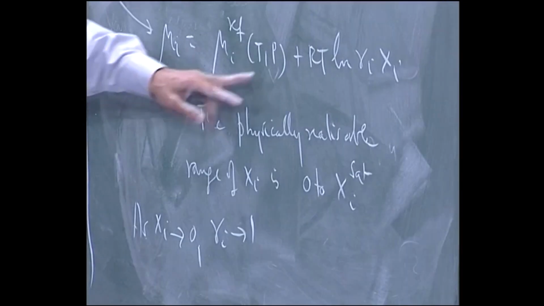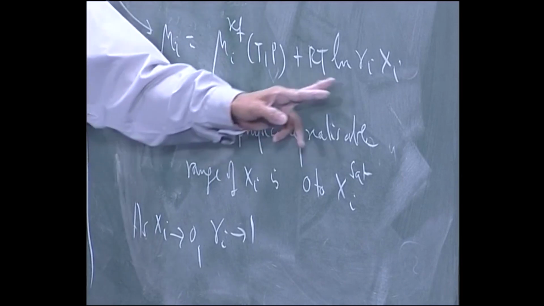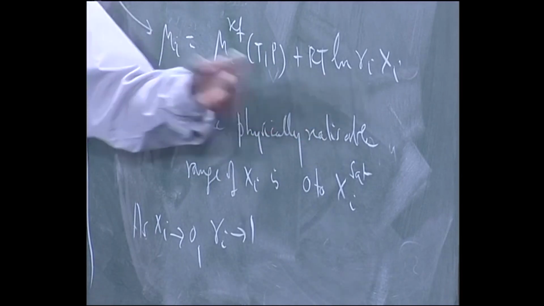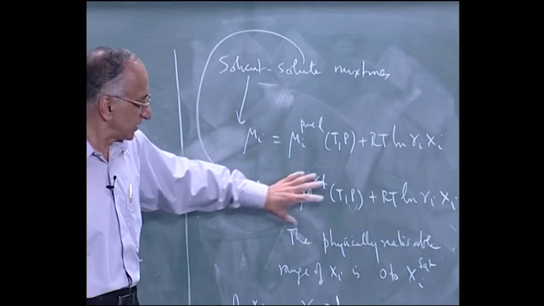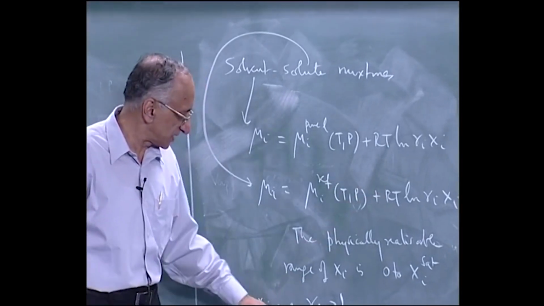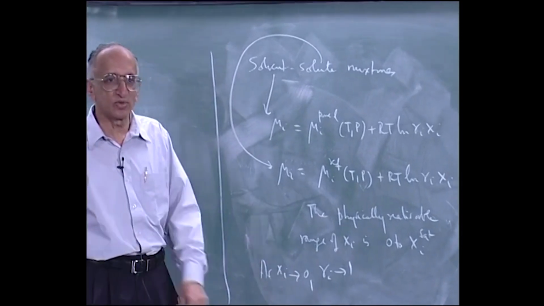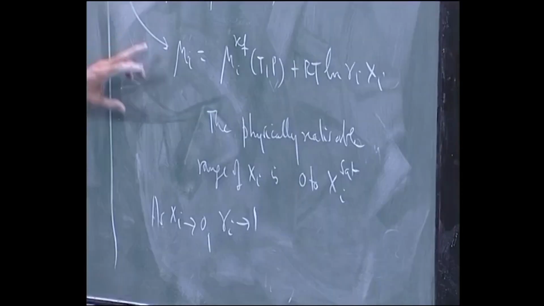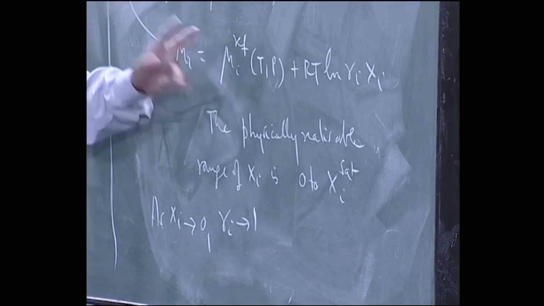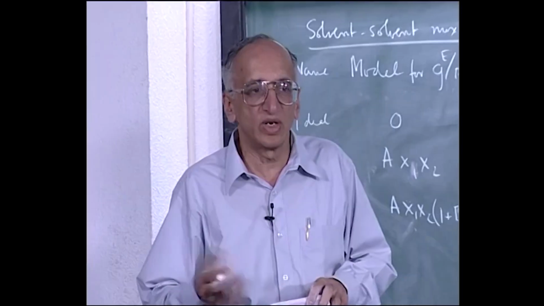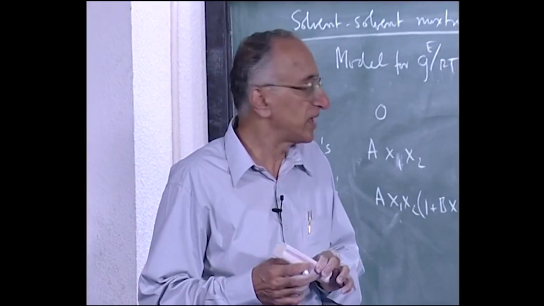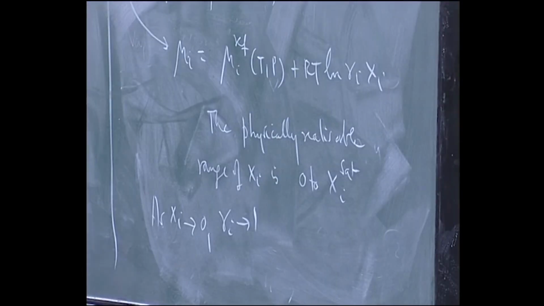On this side I will get some reference enthalpy. This term will vanish because I am differentiating with respect to temperature, in the limit as Xi goes to 0, for very dilute solutions. So although I do not know this quantity, I will know its derivative with respect to T or P, and I will show you in treating phase equilibrium I do not need to know mu I reference, I only need to know its derivatives.